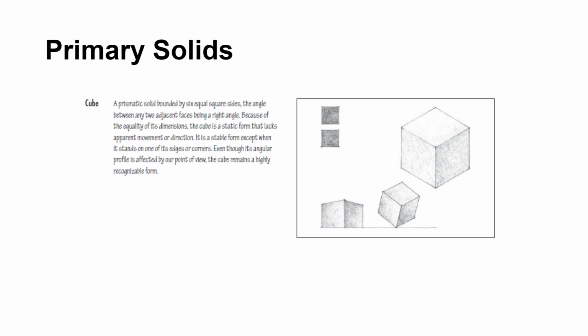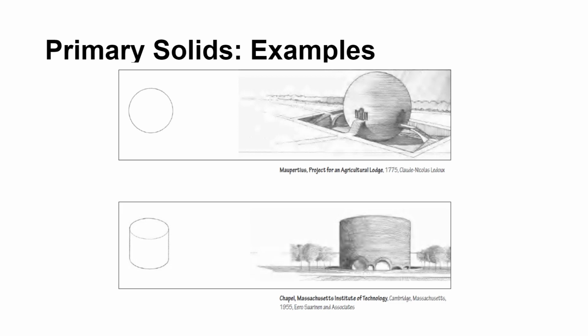It doesn't have any uneven surfaces or edges that enable it to roll. Unless you push it over or throw it, then it will actually roll or move or stumble.